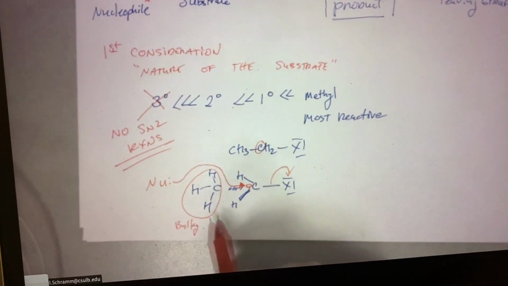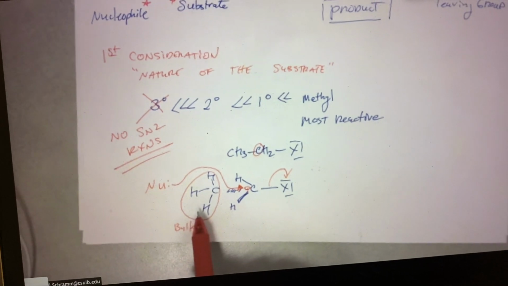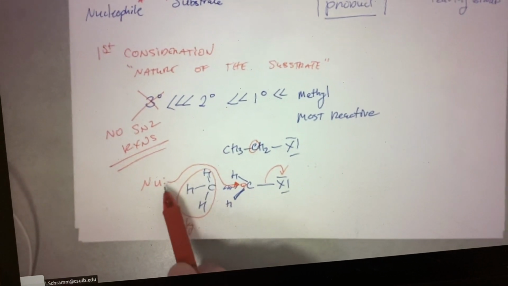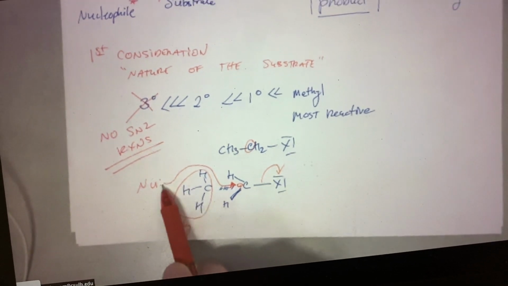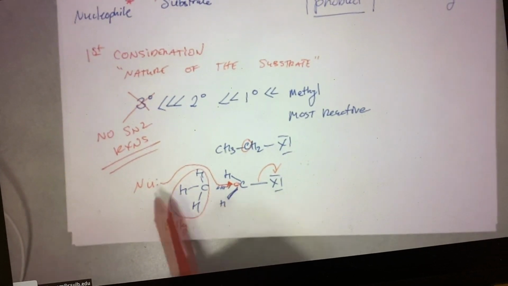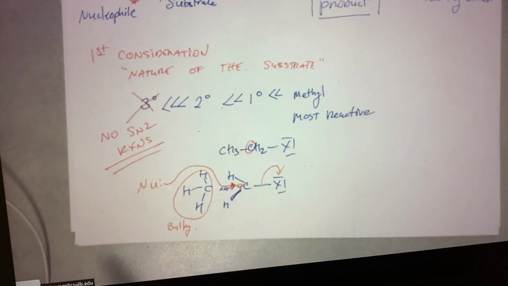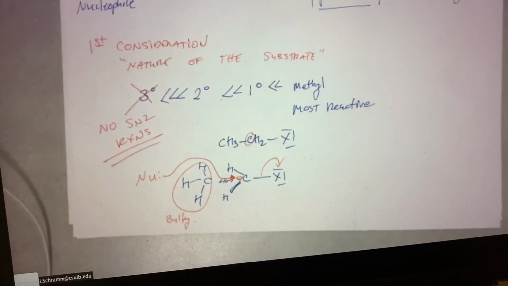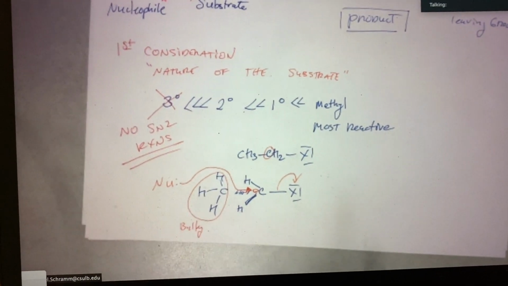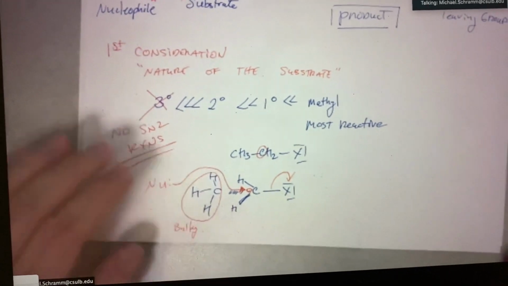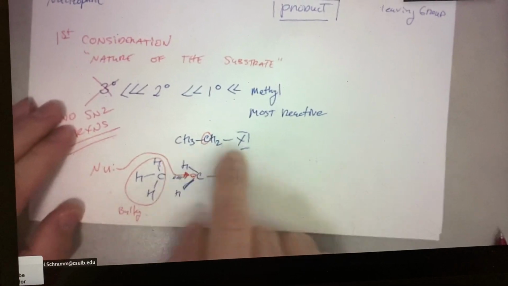So it has to dodge this bulky substrate. The reason it does is because this is made with electrons, and this is a pair of electrons, and electrons repel one another. So to actually find its way here, it has to kind of work its way around. And this is called bulk or steric bulk. So let's take this particular substrate. It's a primary substrate.